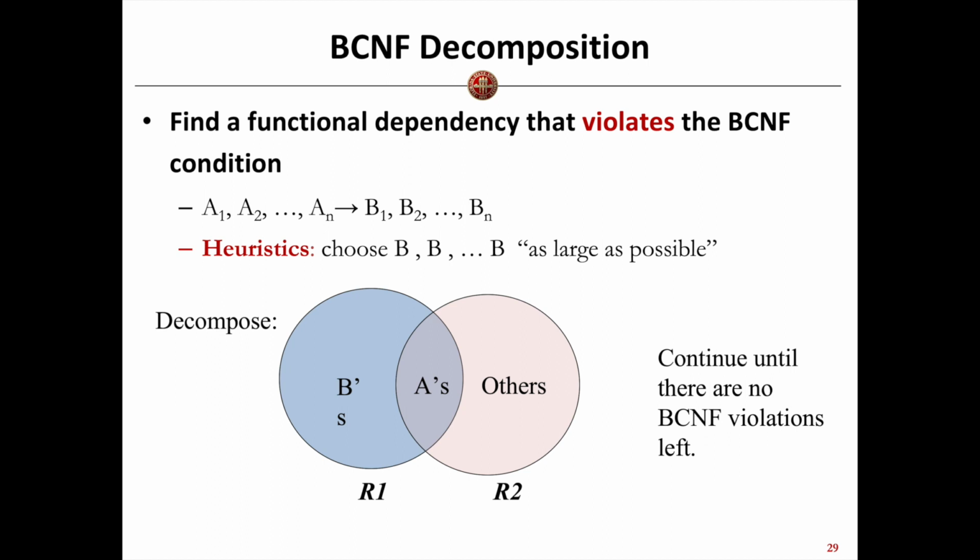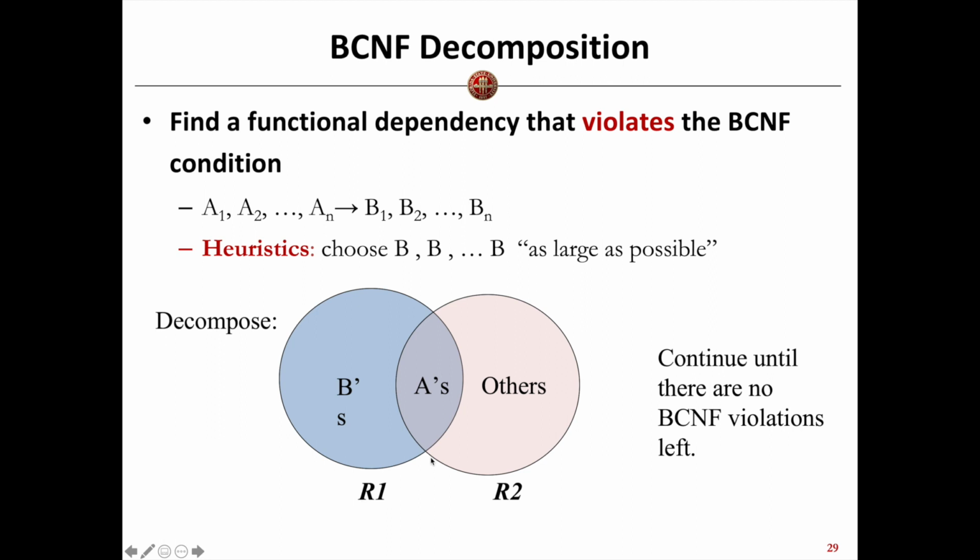Based on the violating FD, we can describe the decomposition rule like this. We find a violating FD and make the tail part as large as possible. Then the head together with the tail attributes in the violating FD will compose a new relation, R1.